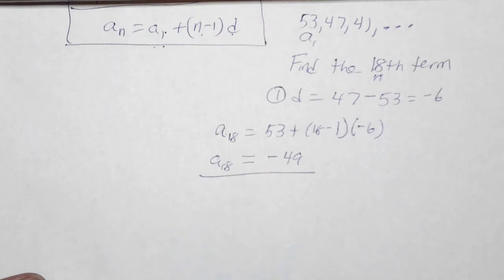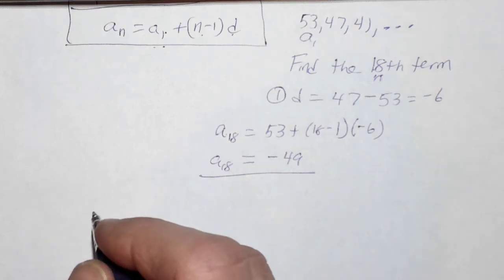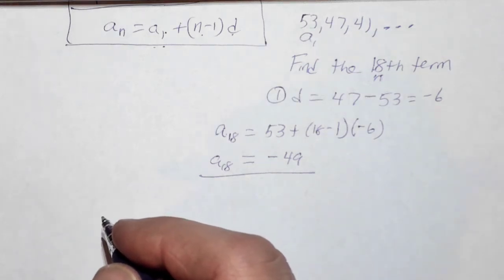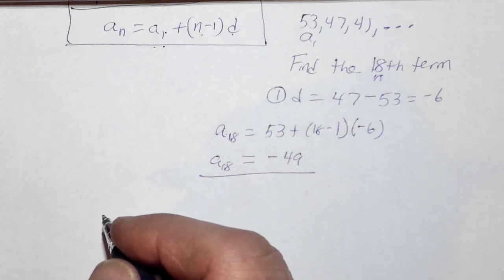The second topic we're going to talk about then is finding what are called arithmetic means. And that is just the missing terms in between terms of a sequence.